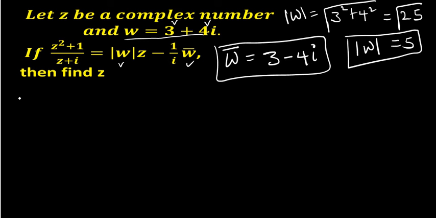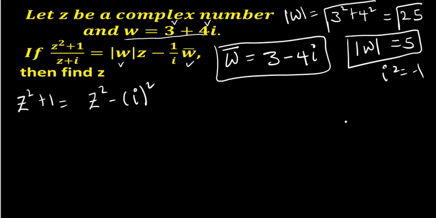And the other thing, z square plus 1, we can write as z square minus i square. You know, i square is the same as negative 1. So negative of negative is going to be plus. So z square plus 1 is the same as z square minus i square.